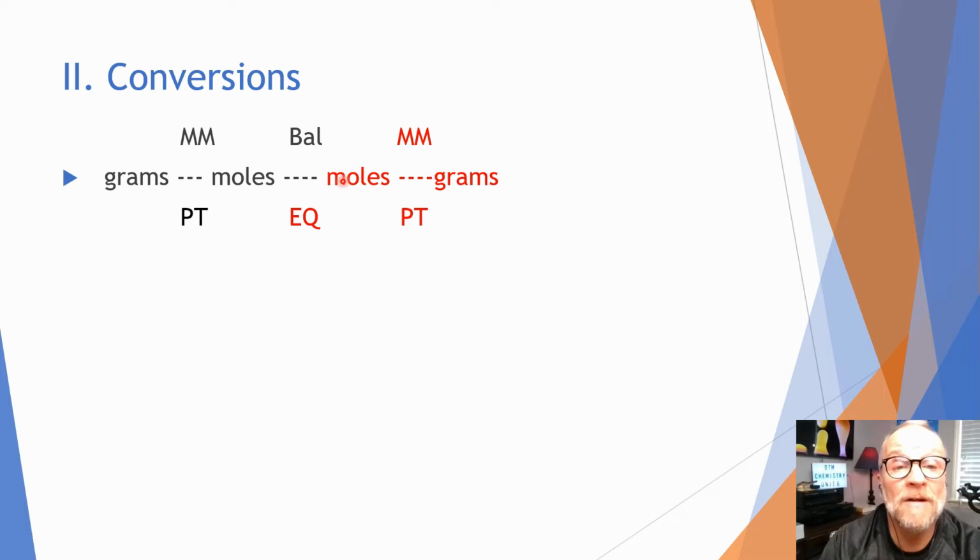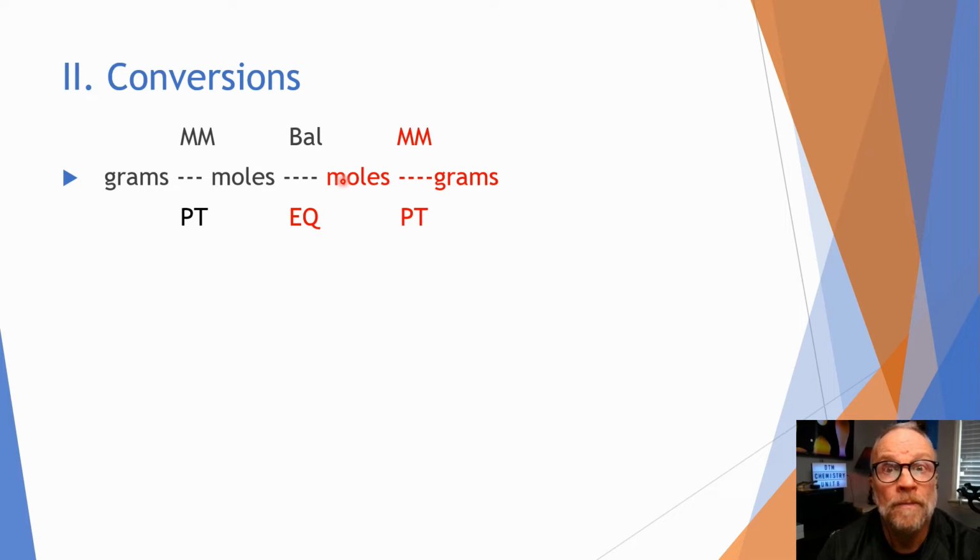It may look a little bit familiar to you because we've already converted grams to moles, right? And in the last unit, we went from moles to particles. In this unit, we're going to be going from grams to moles, and then we're going to use the chemical equation to change from one chemical quantity to the other, and then eventually we'll turn those moles back to grams.